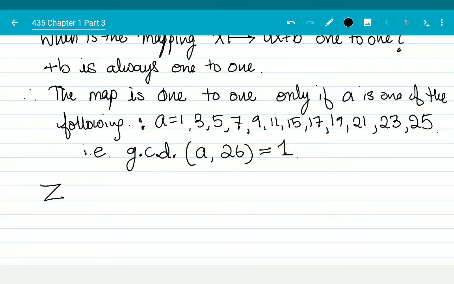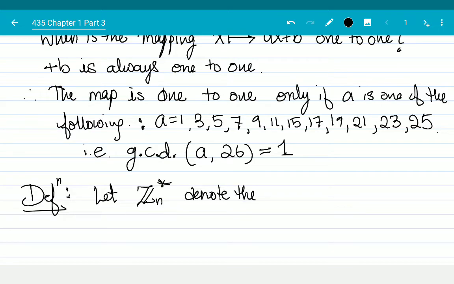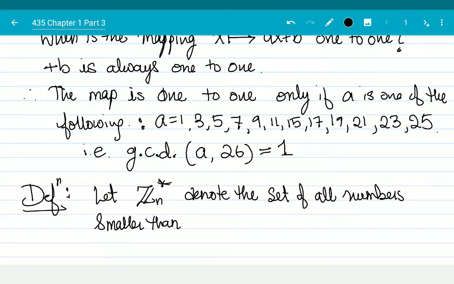We denote by Zn all numbers from 0 to n minus 1. Let me do this. Definition: let Zn star denote the set of all numbers smaller than n that are coprime to n.